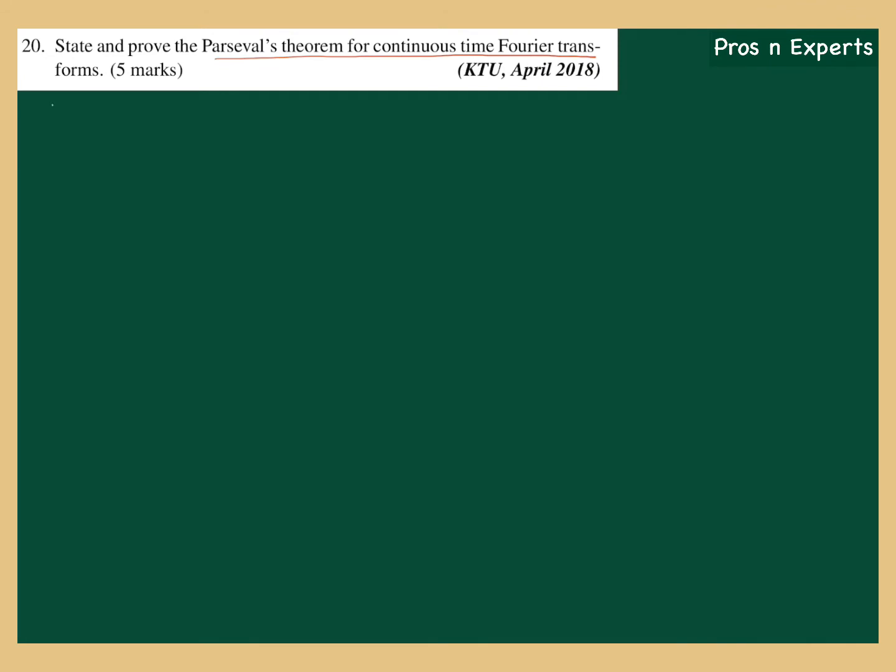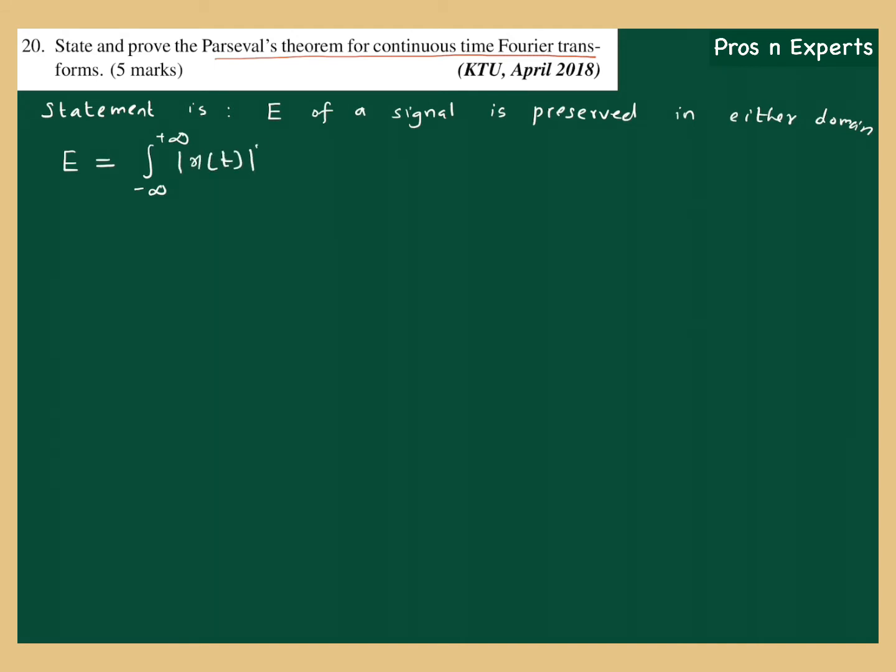First, Parseval's theorem statement is, the energy of a signal is preserved in either domain, whether it is time domain or frequency domain. That means, you know what is the energy of a signal? How can you find out the energy of a signal in time domain? It is integral over minus infinity to plus infinity mod x of t square dt.